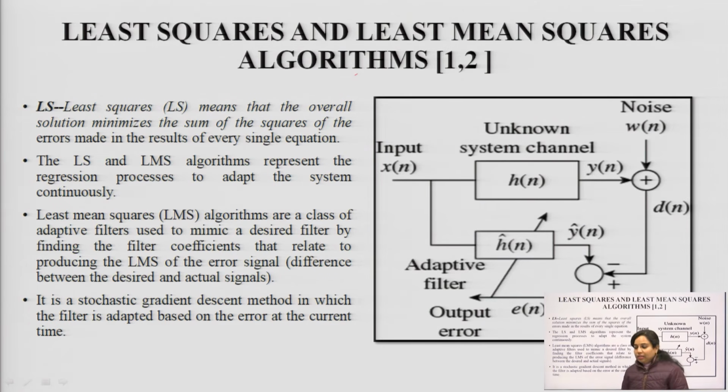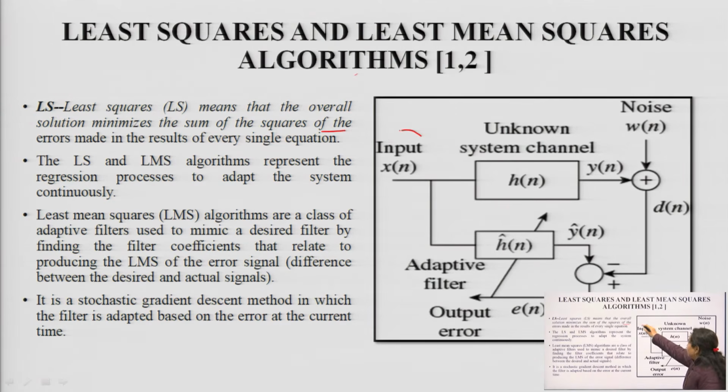Now, next is the least square and least mean square algorithm. Least square means that the overall solution minimizes the sum of squares of errors made in the results of every single equation. So, this is the diagram of the LMS method, that is the least mean square algorithm.